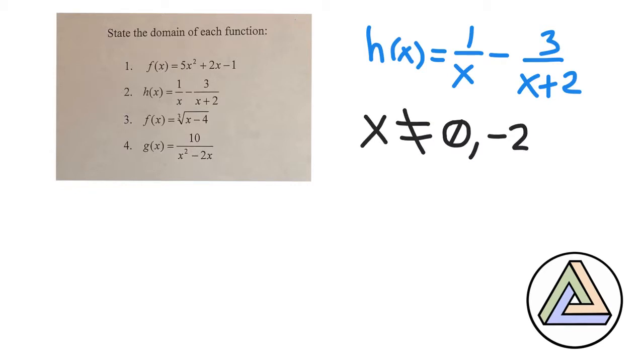Now, the question might arise, well, how do I represent that with interval notation? My teacher likes me to represent the domains with interval notation, so how could I represent this situation? I like to liken this kind of scenario to a number line situation.